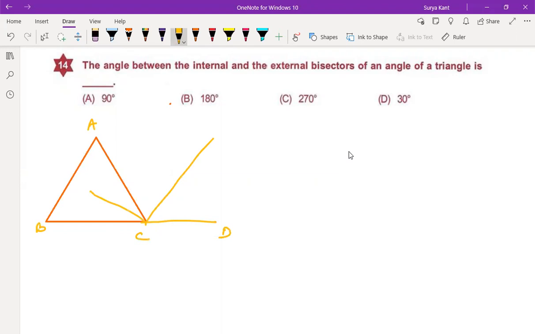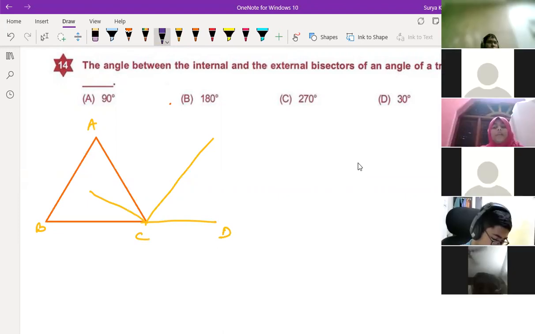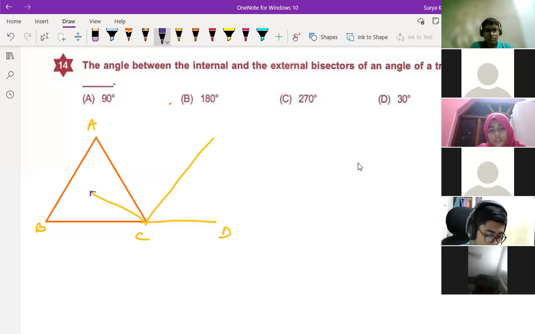Sir, first I have taken the triangle ABC, sir. I have taken BD as an internal bisector.